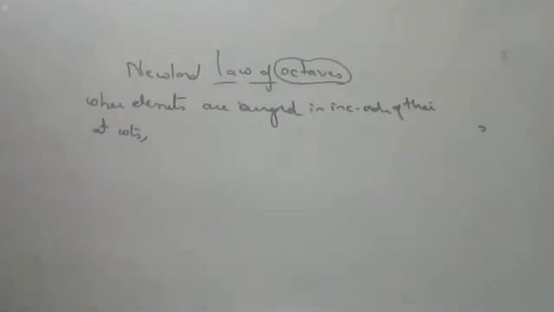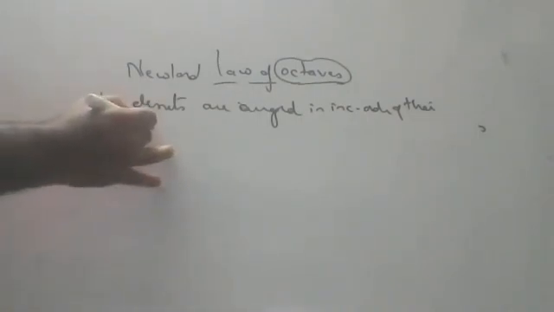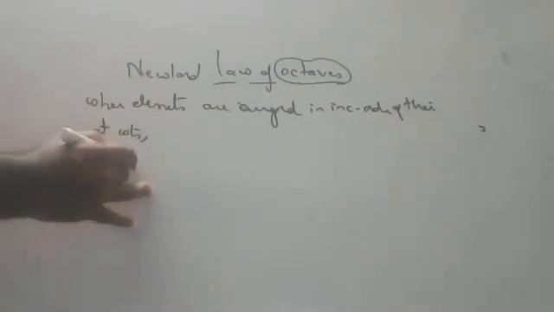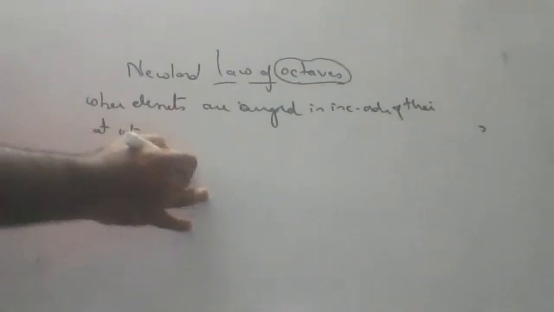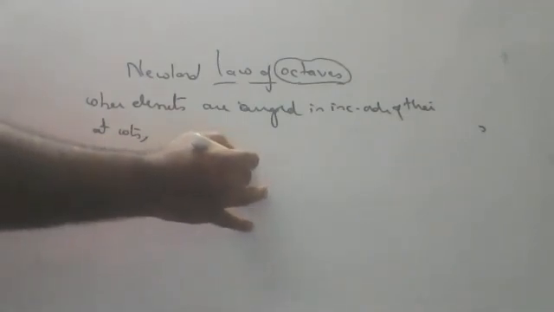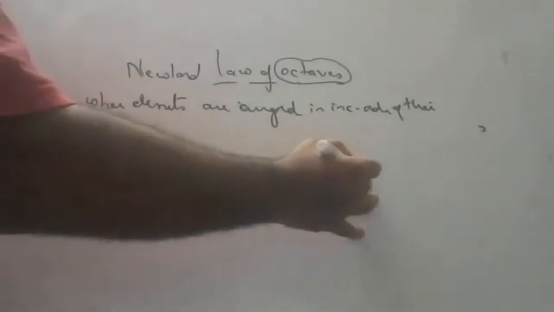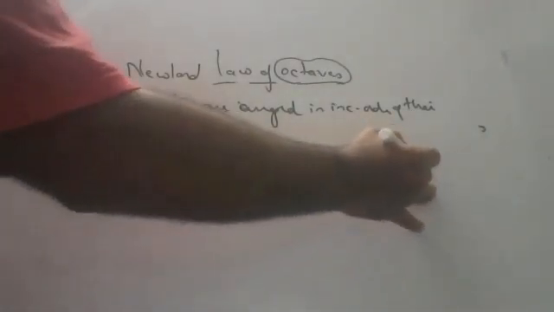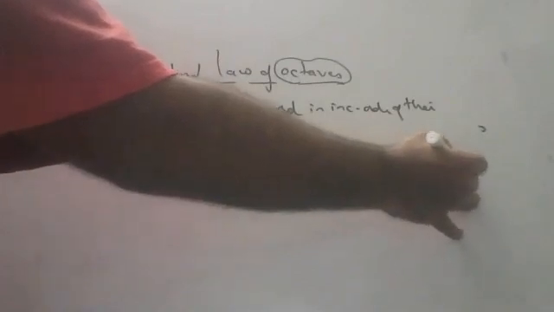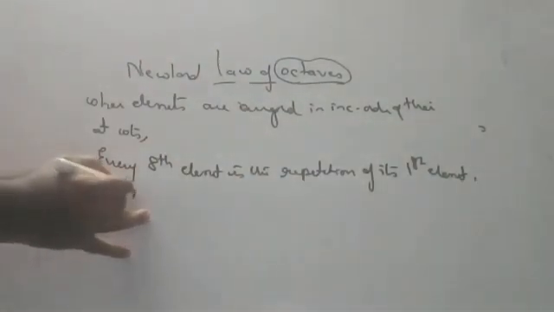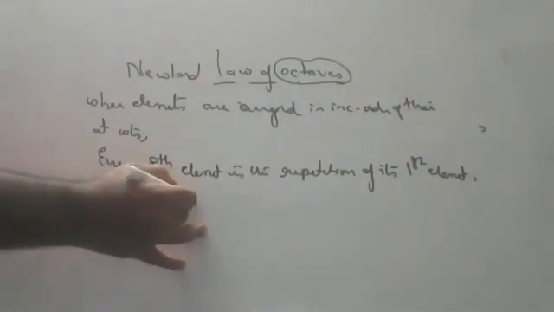When elements are arranged in increasing order of their atomic weights, then every eighth element is the repetition of its first element in its properties.